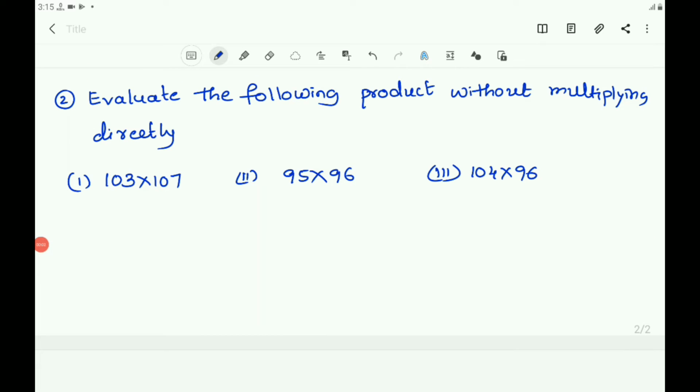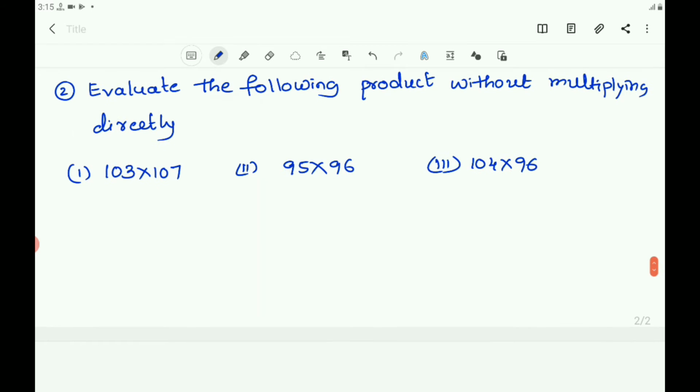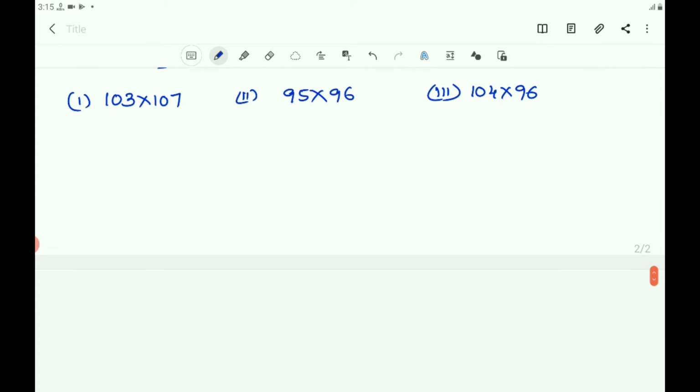The second one is: evaluate the following product without multiplying directly. First one is 103 into 107. Now you can express this in the form of x plus a into x plus b.